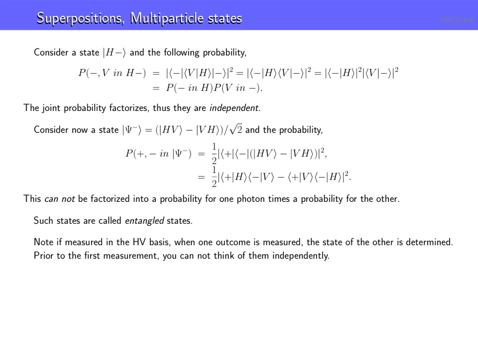Now, why is this interesting or significant? Notice there's nothing in this discussion that talks about where these photons are or where Alice and Bob are. That's not in this story. So they can be arbitrarily far apart. They can be in different galaxies. But somehow, when Alice measures hers and she gets a V, at that instant Bob's is determined to be an H. The state changes.